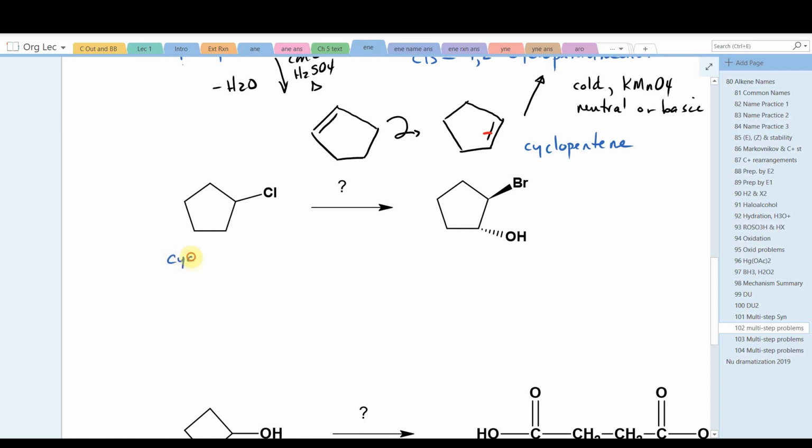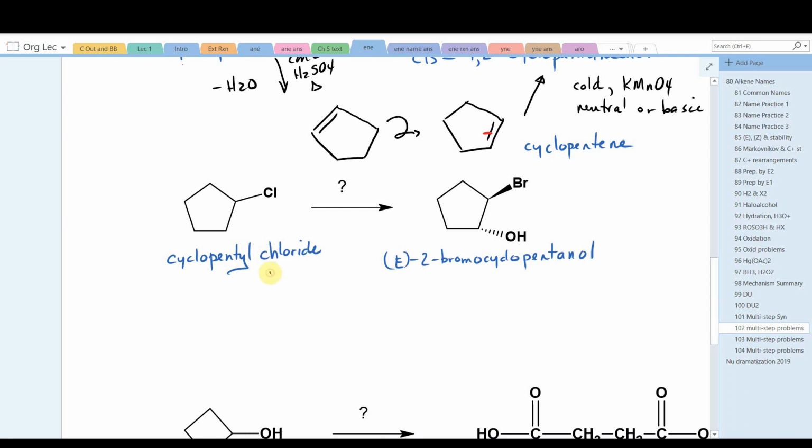That's it. Let's try the next one. This is cyclopentyl chloride, or chlorocyclopentane in IUPAC. We need to convert it to 2-bromocyclopentanol. We can't do it directly.